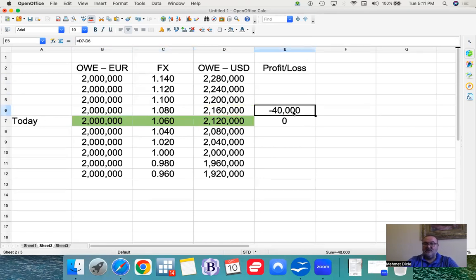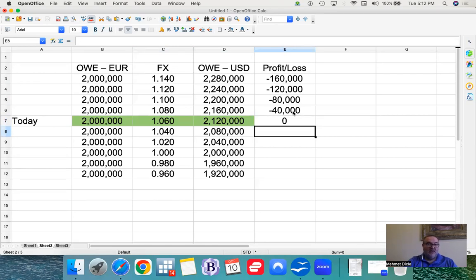The second one will be, again, our base minus the new cost in US dollars, and then the next one, this minus the new cost, and then this minus the new cost. So notice how our loss increases significantly as the exchange rate increases.